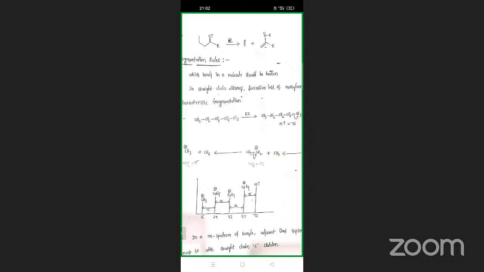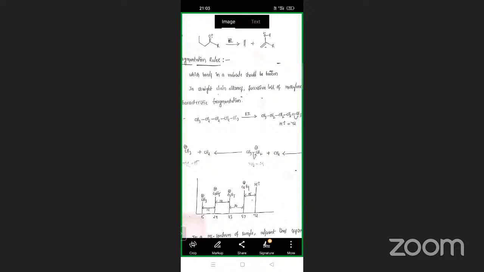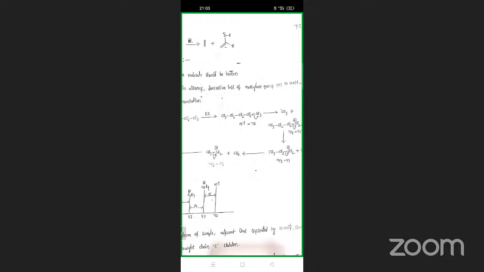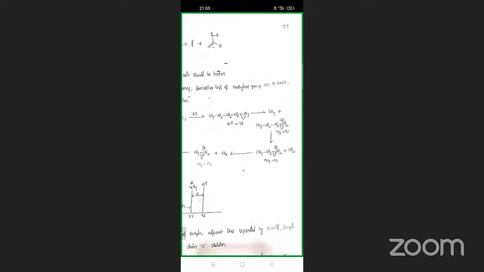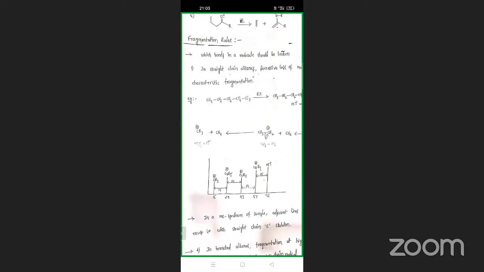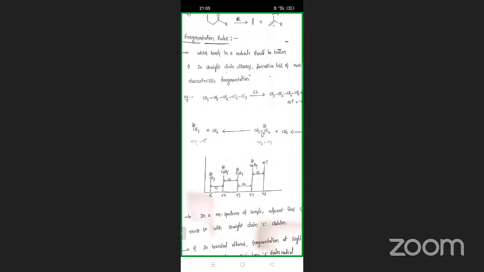For example, in straight-chain alkanes, successive loss of methylene groups, 14 units, is the characteristic fragmentation. This rule is important.